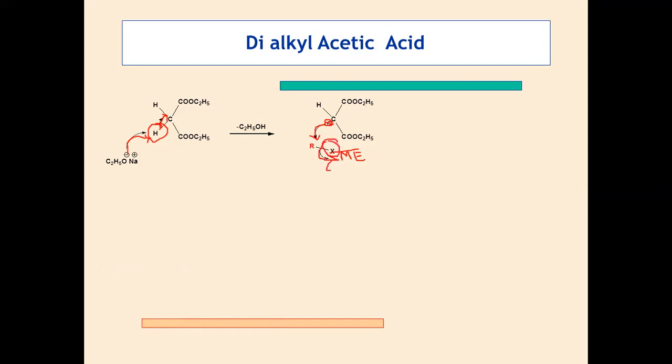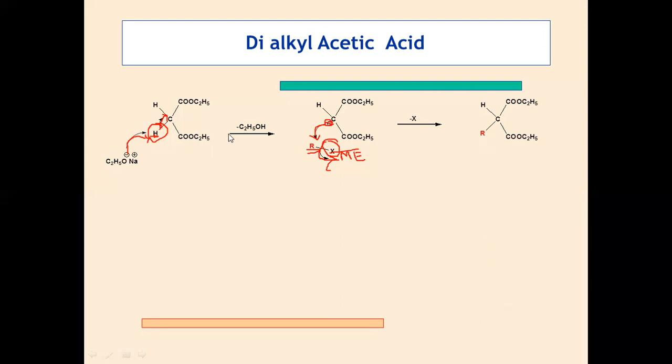Simple. What happened here? Now this hydrogen is replaced by means of an alkyl group. So there is a formation of an alkyl derivative, that is, one proton is replaced by means of an alkyl group.